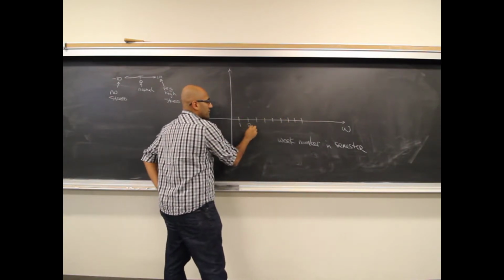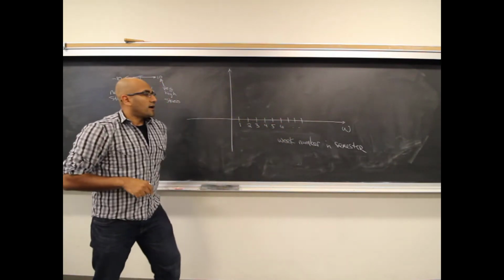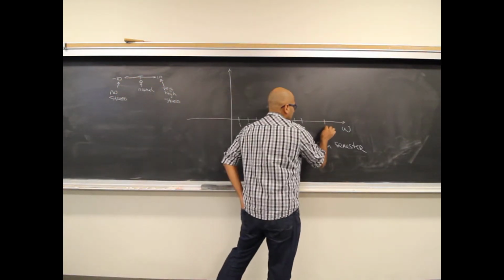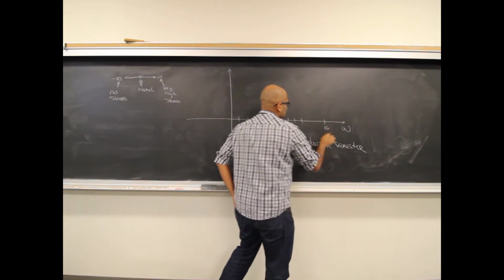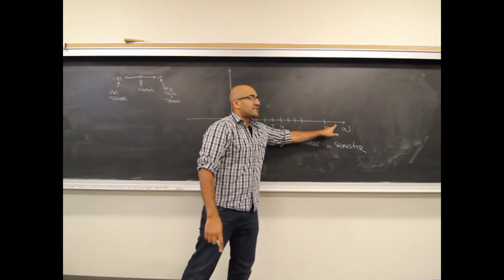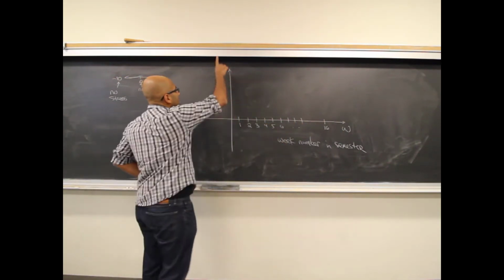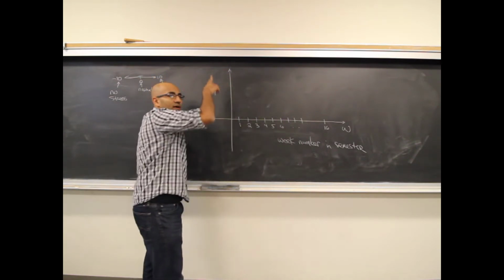Week number 1, week number 2, week number 3, 4, 5, 6, so on and so forth. And then I think there's 16 or 17, well, let's say 16 weeks in the semester. So it wouldn't make sense to have week 17 or 18, 19, in this case, the way I've described it, right? What about in this direction? What's the smallest possible value we can get?